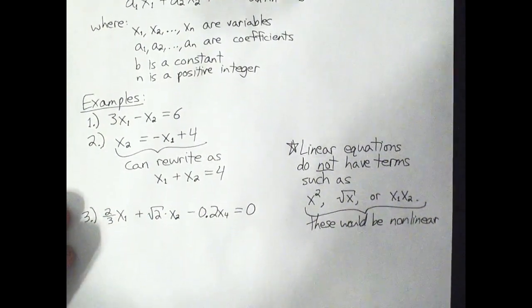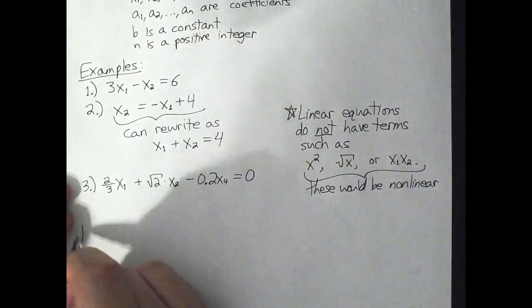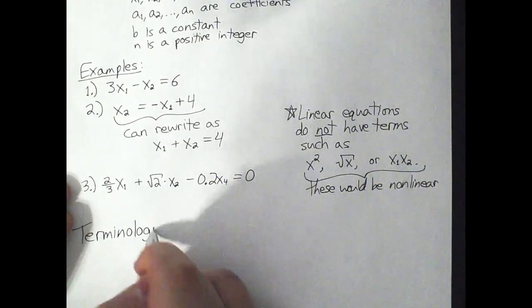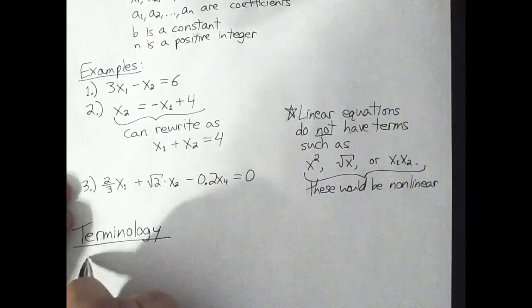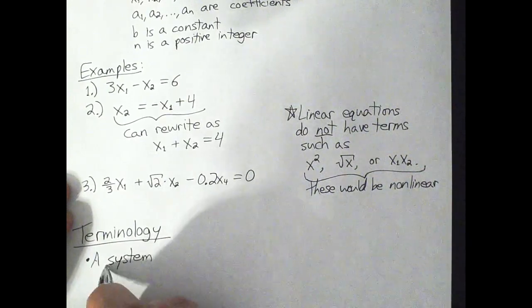All right, so we defined linear equation, we saw a few examples, and we've got a little more terminology. I mean, it's the first section, so we need to know what we're talking about here. Terminology. First of all, a system. I'm going to underline that.